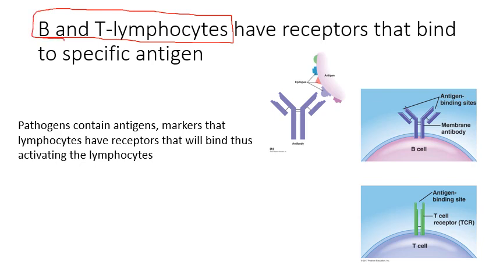Specific means that they are going after a specific pathogen. Use our example of coronavirus. There will be B and T cells that are activated, and they will only be activated by coronavirus.